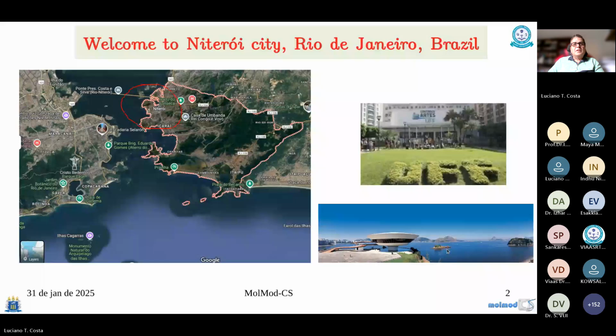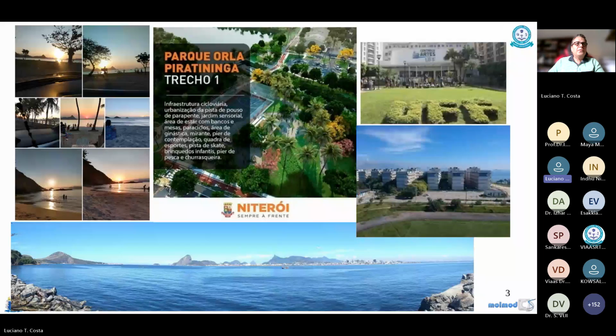Niterói is a quite wonderful city with many beaches, and the sunset is wonderful every day over the year. Here is the campus, well located, close to the Guanabara Bay, with these views. It's amazing, and I'll be happy if you can join us and visit us.